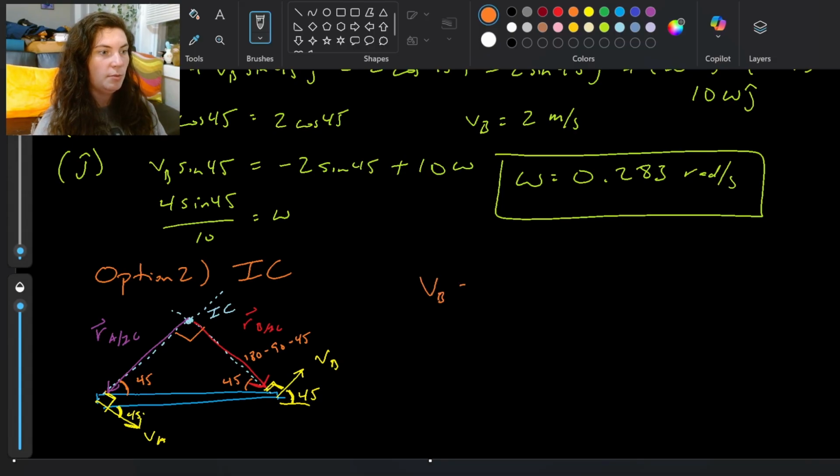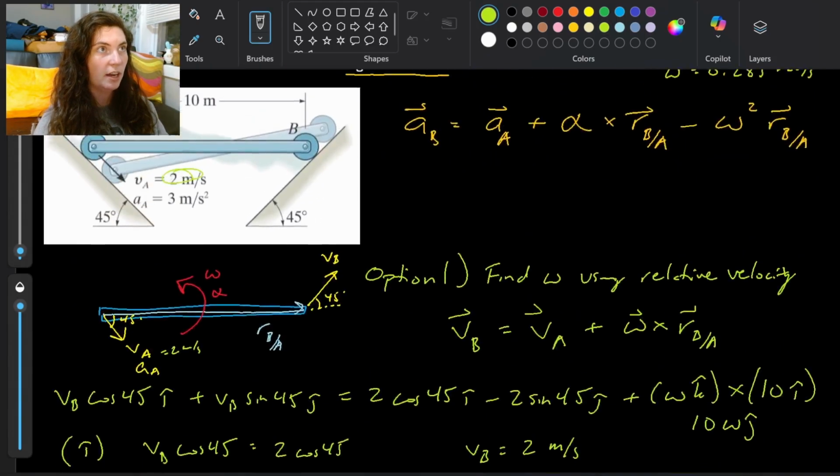So my VB is omega times r of B with respect to IC, or my VA is omega times r of A with respect to IC. So in this case, I know what my VA is. My VA they gave us was, I already forgot it though, 2.